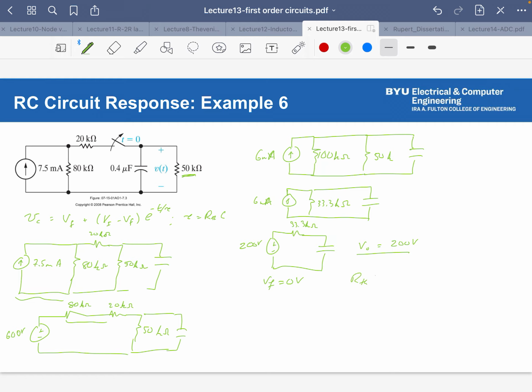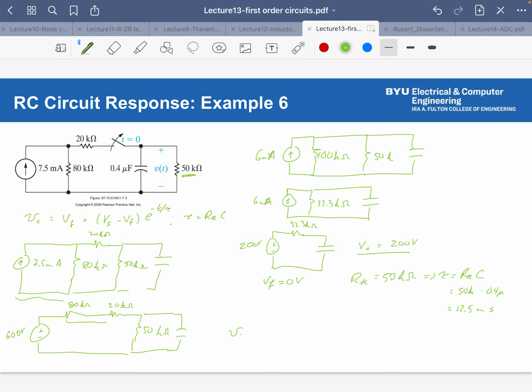So the R Thevenin is going to be 50 kilo ohm, which implies that tau is going to be RTH times C, so 50K times 0.4 micro. So that's going to give us 12.5 milliseconds.